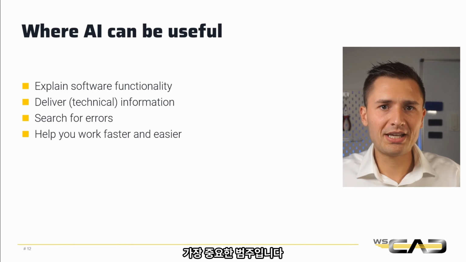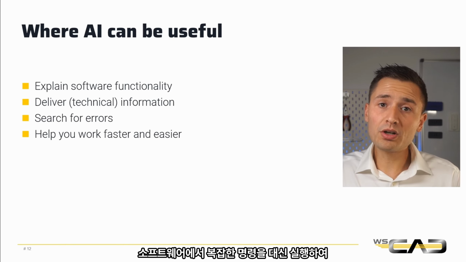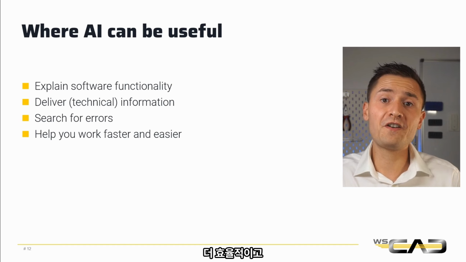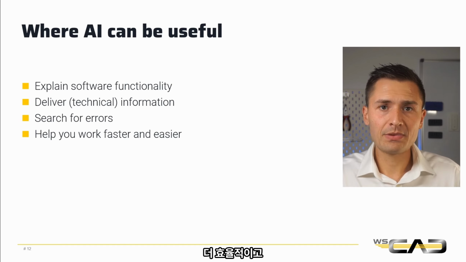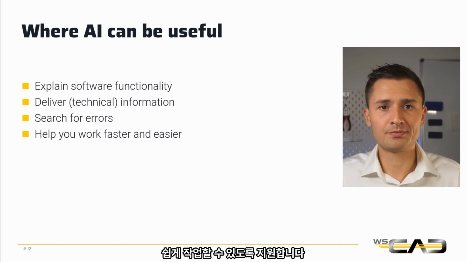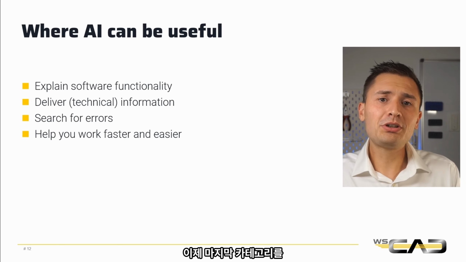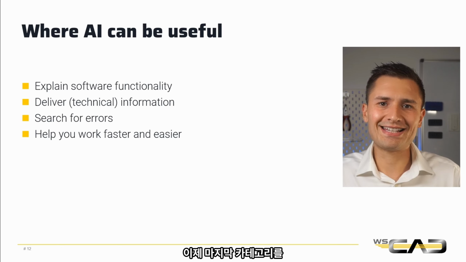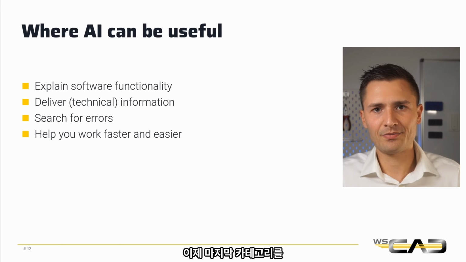And the most important category, it supports you in working more efficiently and easily by executing complex commands in the software for you. I would now like to demonstrate this last category to you next.